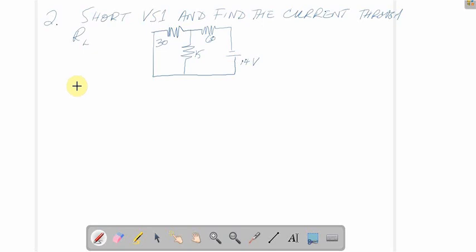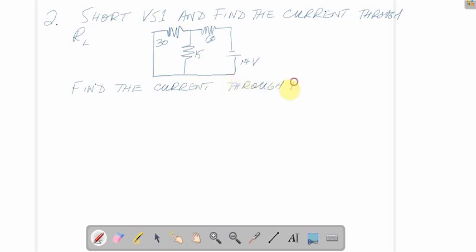So take a look at the circuit then from the perspective of the 14 volt source. So we want to find the current that's running in this circuit.